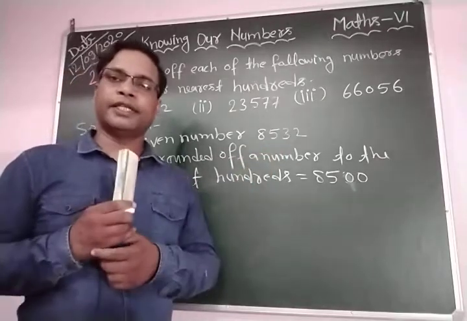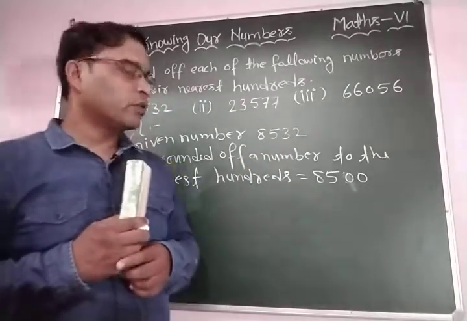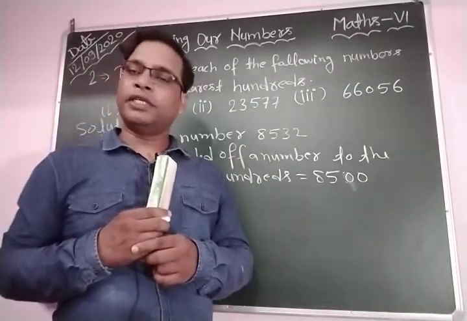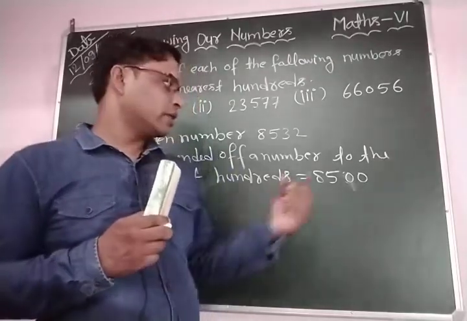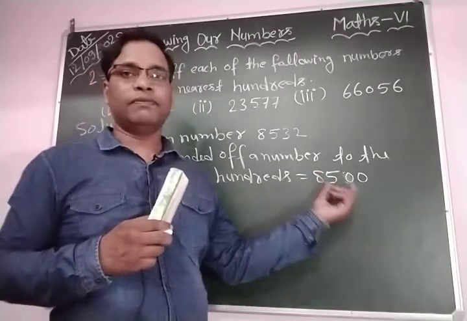If the tens place is less than 5, then we replace the ones place digit and tens place digit by 0, and keep all other digits of the number as it is. So here it becomes 8500.